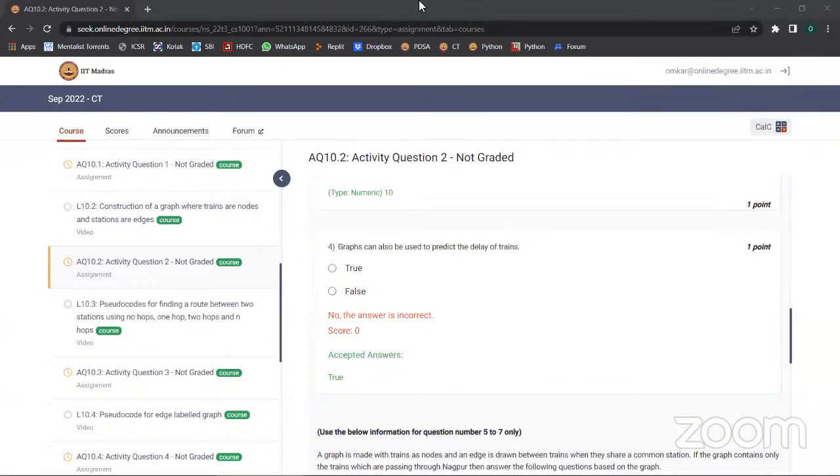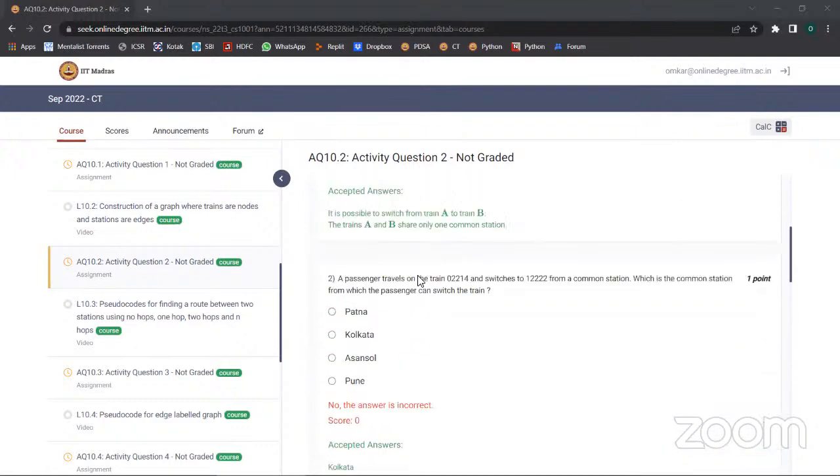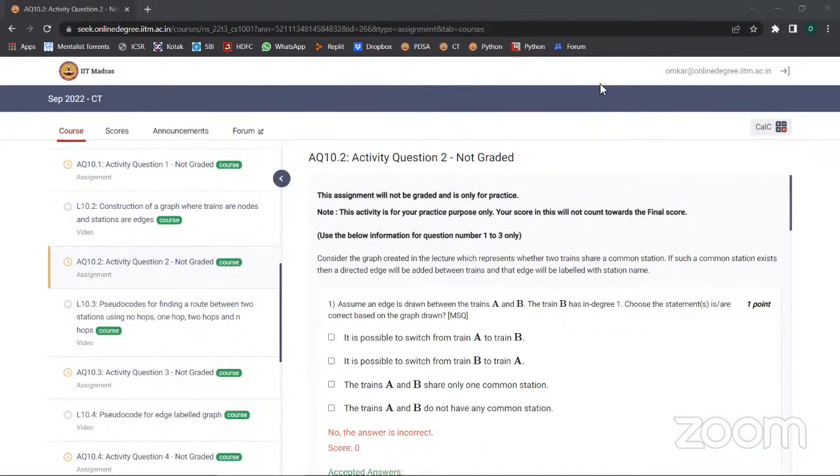Okay, yeah, Prashant. So you're talking about why this is true, right? Graphs can also be used to predict the delay of trains. Is it based on any specific previous data? No, right? Generally, it's what was discussed in lecture 2.